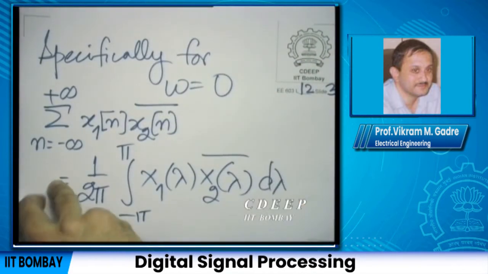But this very important result has a very central place in discrete time signal processing. This is called the Parseval's theorem.